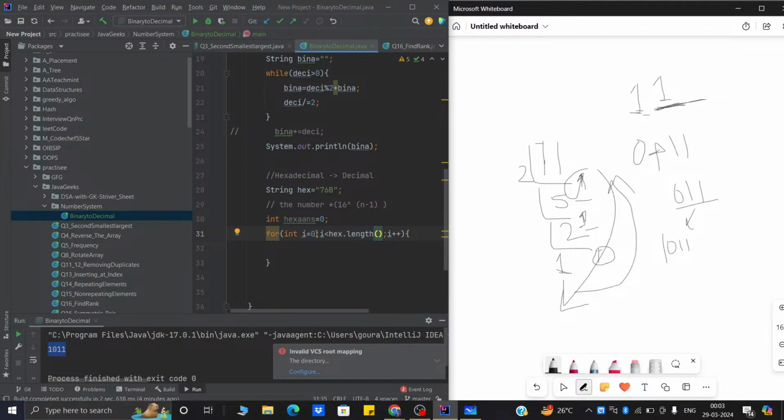Okay, you can do it also like that. No, you can do it by minus i plus 1 also. So hex dot length is 3, right? So it will take the character i minus 1. Okay, now it's okay.